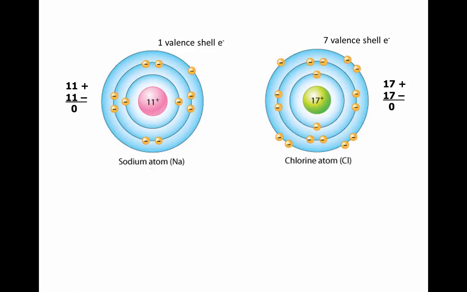Sodium has 11 protons housed in the nucleus, 11 electrons filling energy levels, so positives equal negatives, 0 charge, neutral. Chlorine has 17 protons housed in the nucleus and 17 electrons filling energy levels, so positives equal negatives, 0 charge, neutral.